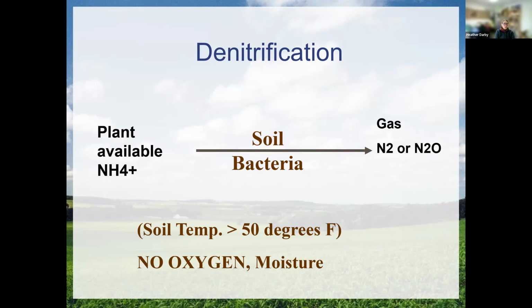And I think of 2023, 2024, and the spring of 2025, where we had a lot of rainfall, soils were saturated, and we likely lost, especially in heavier soils, nitrogen to this pathway.